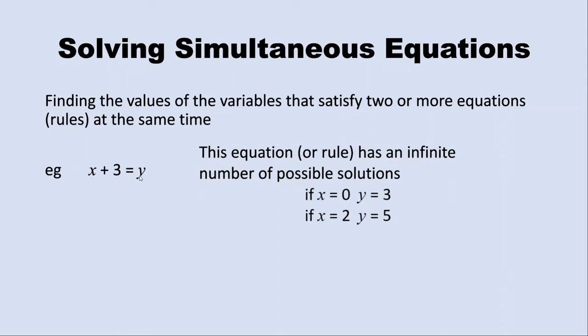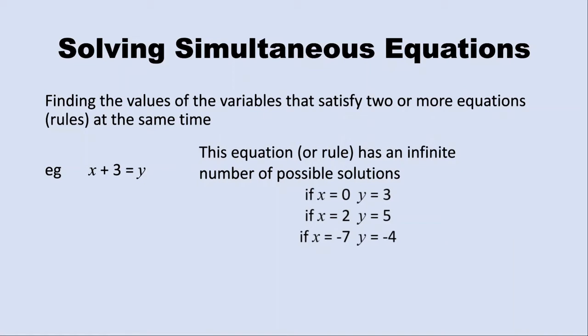Y would have to be equal to 5. That's another possible pair of solutions. Also, if x was equal to -7, -7 plus 3 would be equal to -4, in which case y would be equal to -4. So x equals -7 and y equals -4 is another pair of possible solutions.